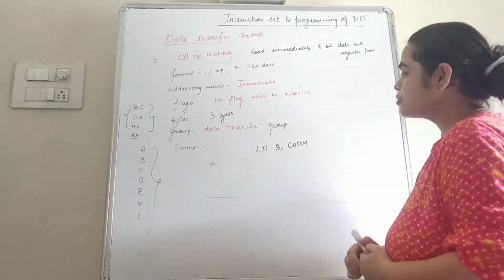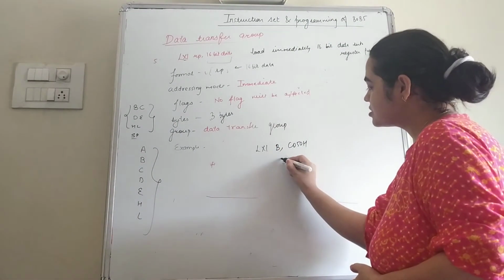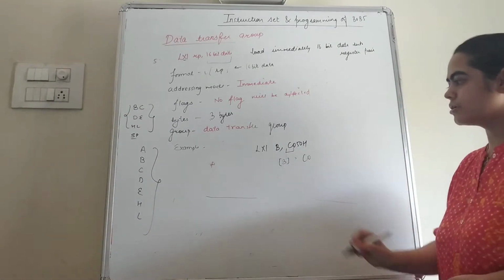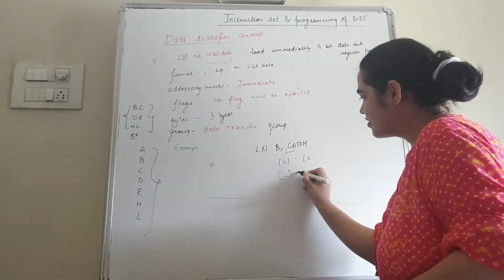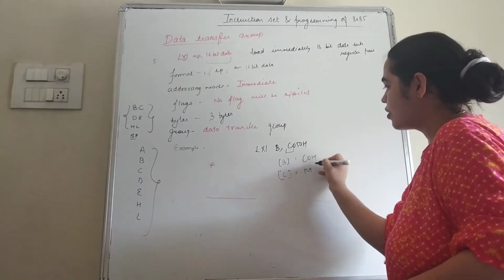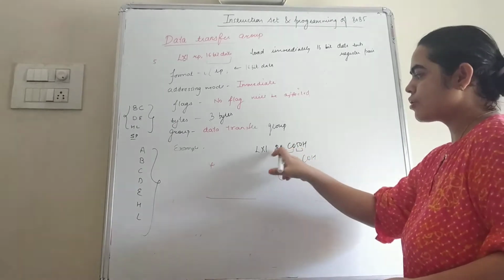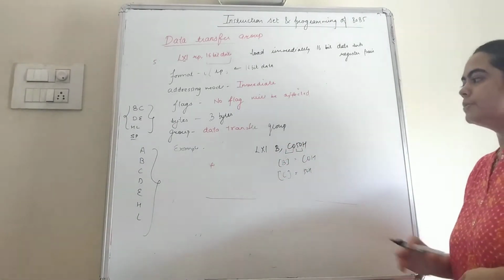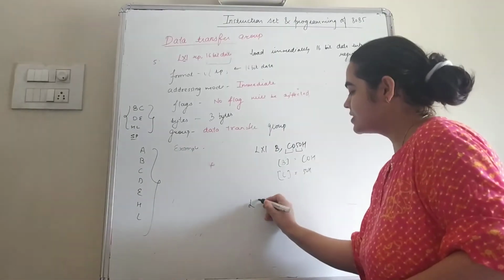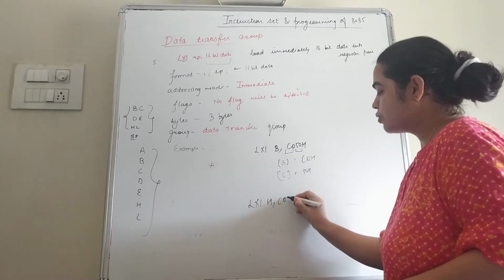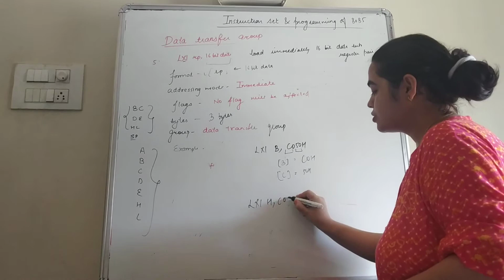So according to this instruction, B register is having the higher order byte and C is having the lower order byte. So 50 goes to the C register while the higher order byte goes to the B register. Another example we can see LXI H comma C00AH.